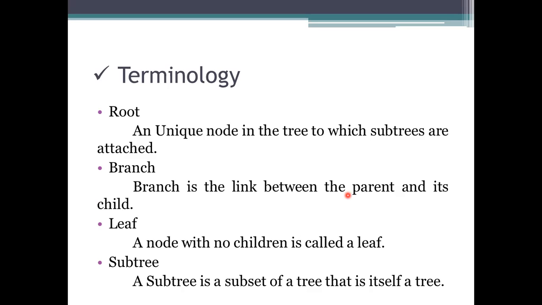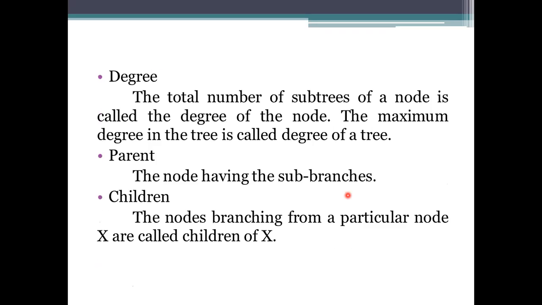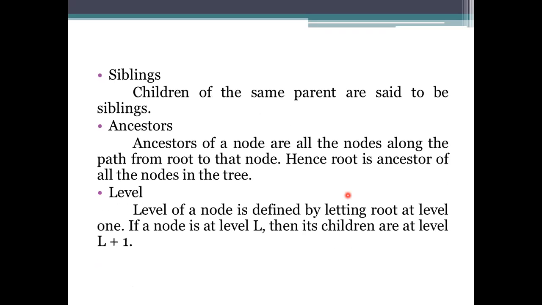If you take some part of your tree, it is called a subtree. The number of subtrees of a node is taken as the degree of the node. A parent node has the sub-branches, and a child node has branches from the parent.